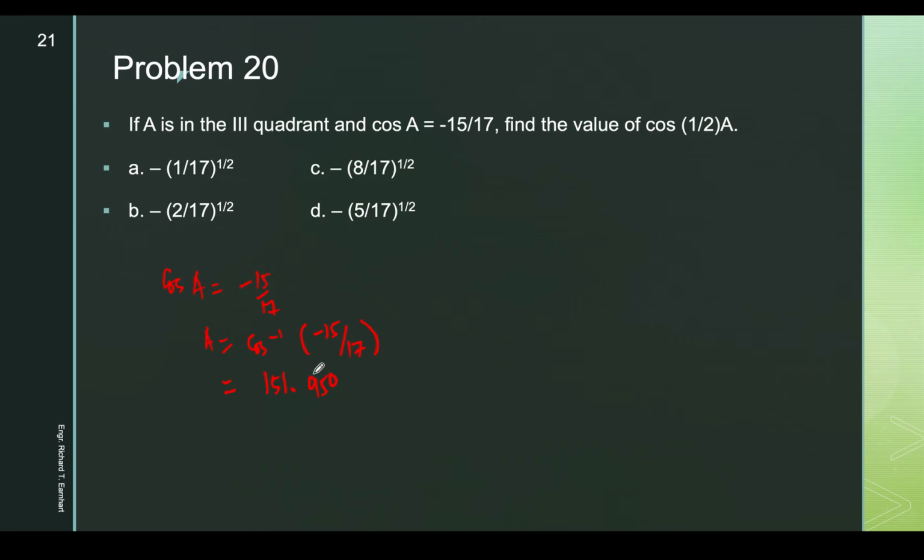Okay, A must be in the third quadrant. Now 151.95 is in the second quadrant. So how do you find the angle in the third quadrant? We get the reference angle, okay?